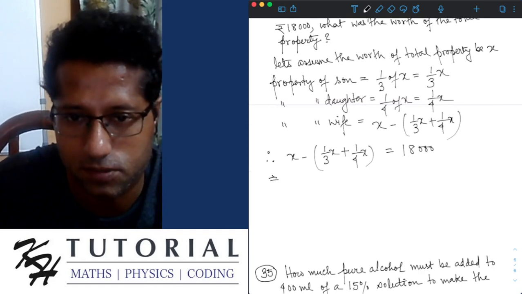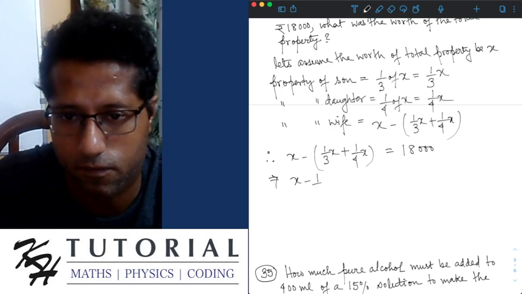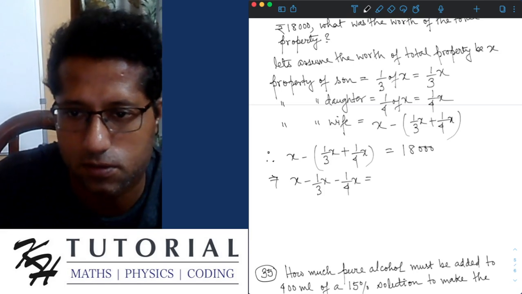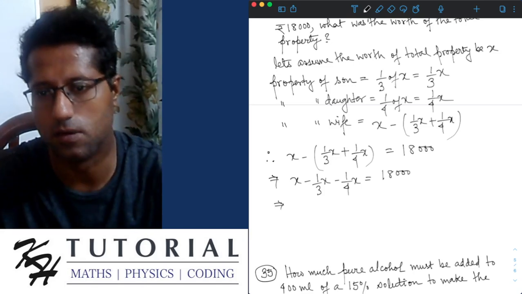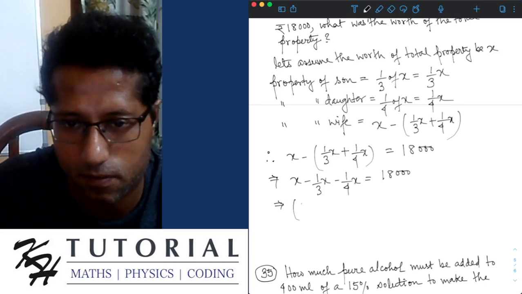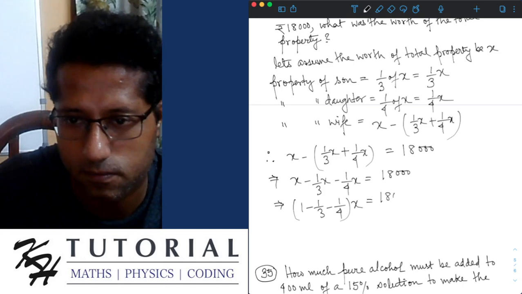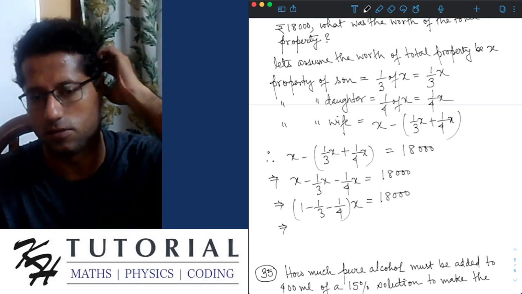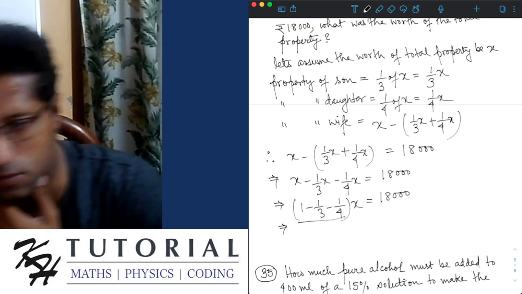Now if I simplify the left hand side, it becomes x minus 1/3 x minus 1/4 x equals 18,000. Simplifying further, this is nothing but (1 minus 1/3 minus 1/4) x equals 18,000. Now I have to simplify this mathematical expression.